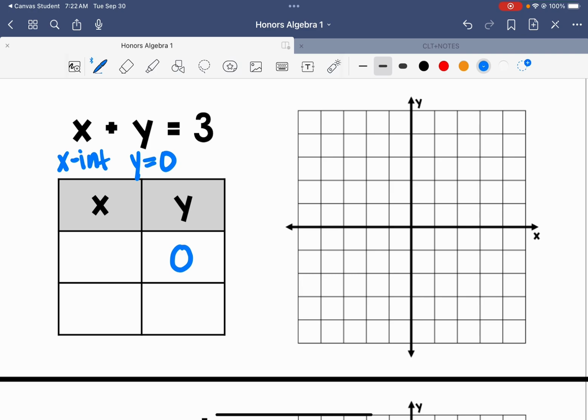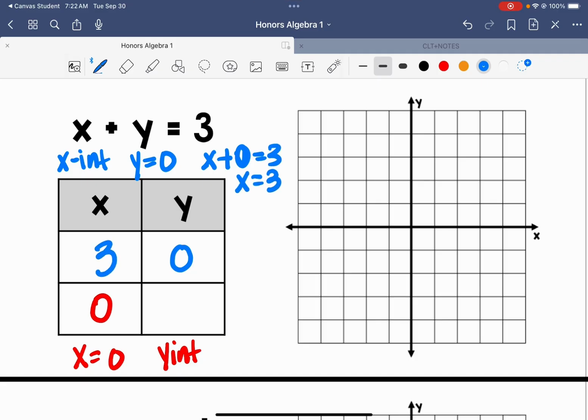If I want the y-intercept, x has to equal 0. Let's start with the x-intercept. Y is 0, that means x plus 0 equals 3. So x has to equal 3. So my x-intercept is 3. I'll put a point there at 3.